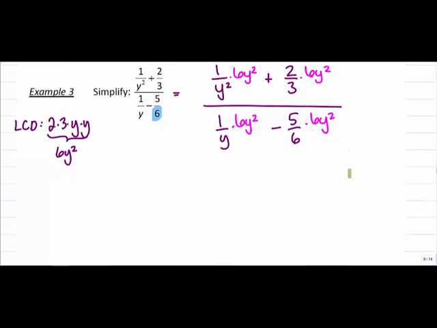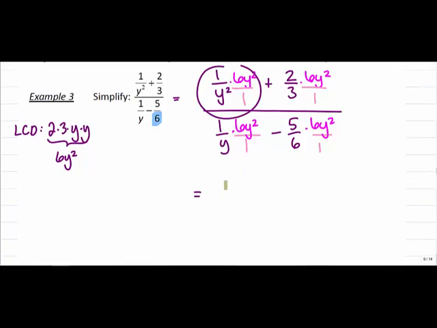Now, some of you are better at seeing the canceling than others, and that's fine. Remember, again, these are all over 1. So what's going to happen with this one is the y squareds are going to cancel, right? If you were to just cancel, you get 1 times 6 over 1, which is 6.